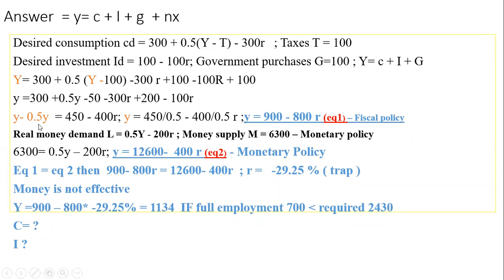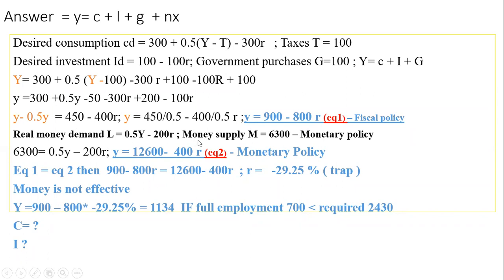Simplifying the equation, putting the Y on the left side and the rest of the equation for the R on the right side, the output equation would be Y equal 900 minus 800R. This is the first equation, and it represents the fiscal policy, the IS equation.